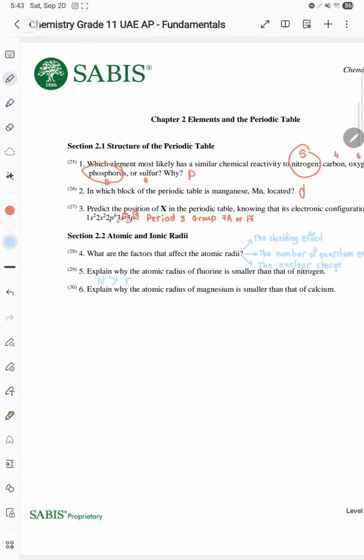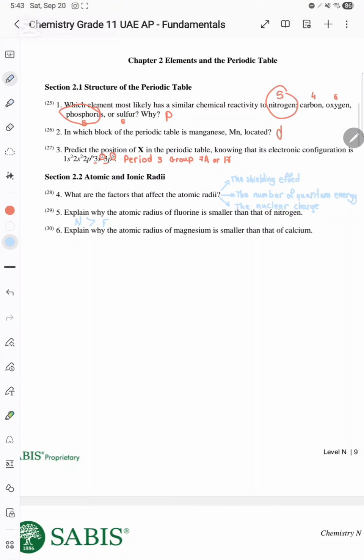And we also need to know the trends in the periodic table. When you're going down a group, size increases.